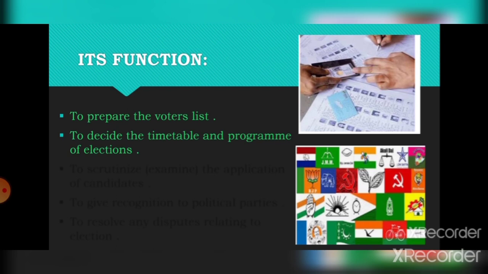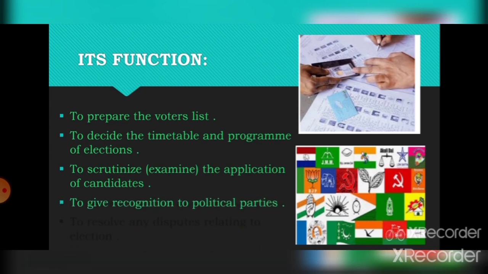Which places or which booths are being allocated to conduct the elections? The booths are basically the schools. To scrutinize, examine the application of candidates and the representatives, also to give recognition to political parties, and to resolve any dispute relating to elections.